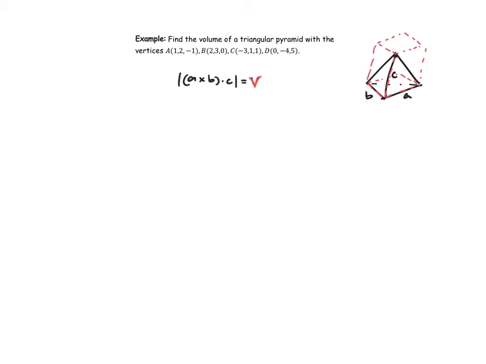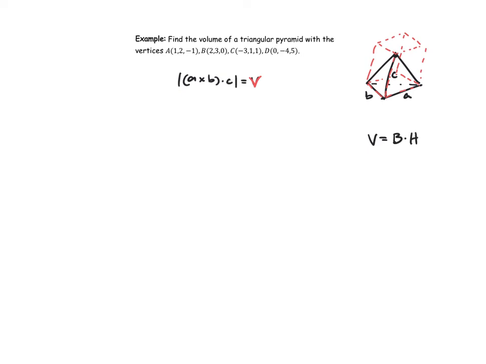Okay, so imagine that prism there. That would give me that volume. Okay, so you got to know a couple of things here. There's a special formula, right? So in geometry, the volume of a prism is the area of the base times the height, right?